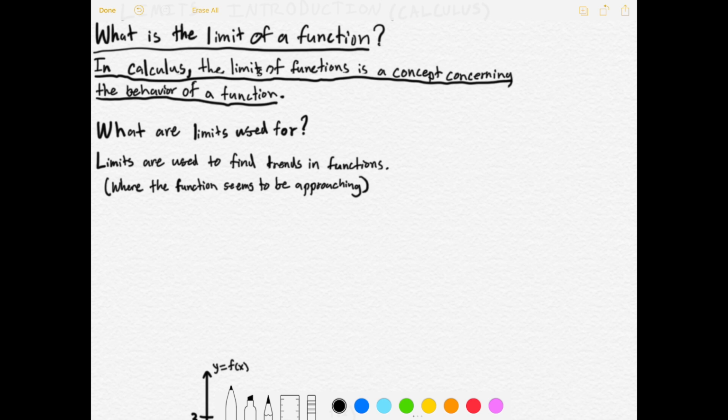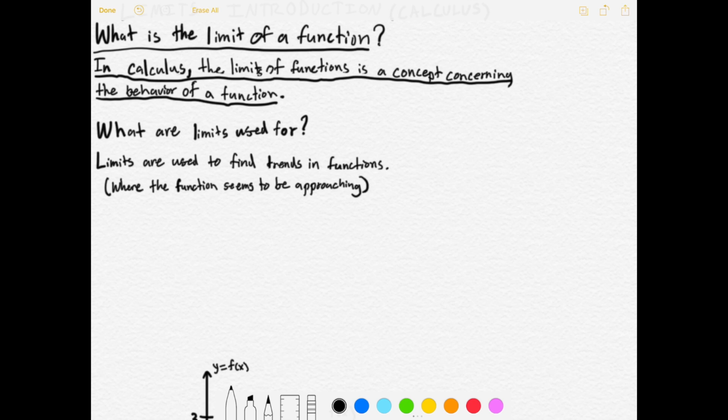And what I mean by this is a concept concerning how a function is graphed, or just generally where a function goes.